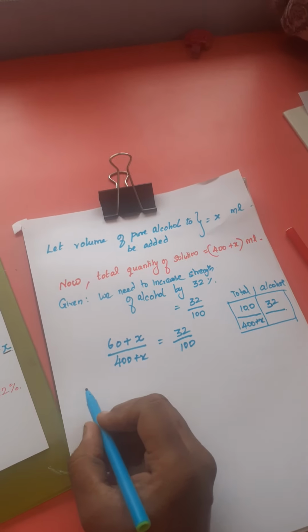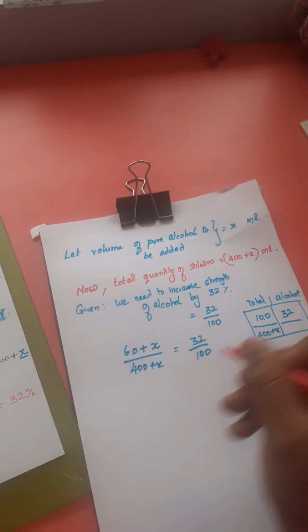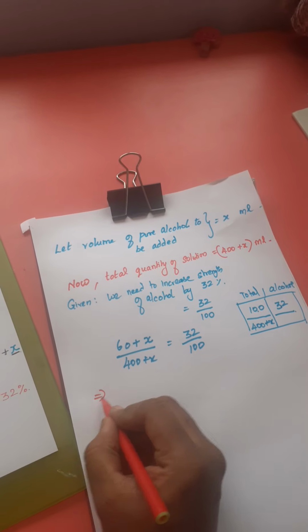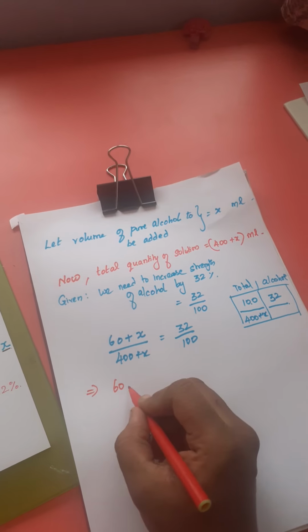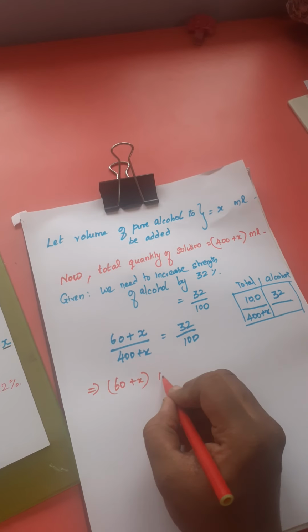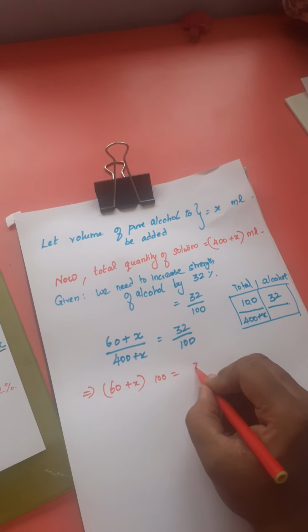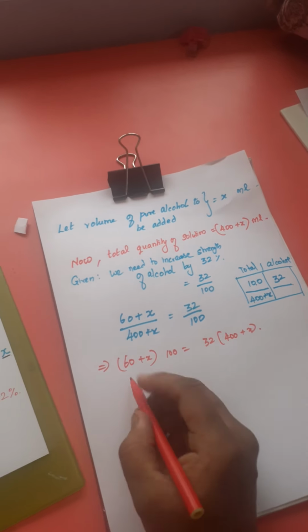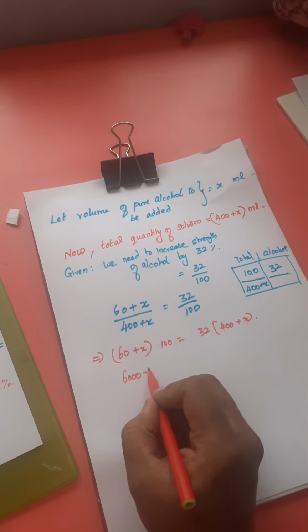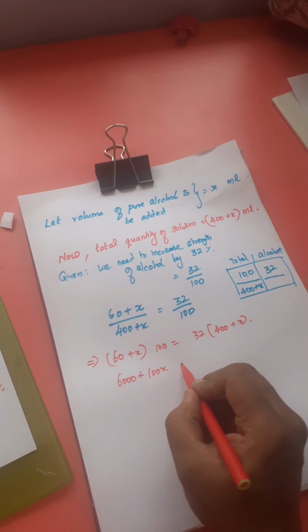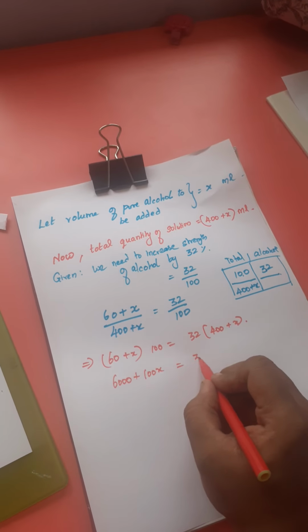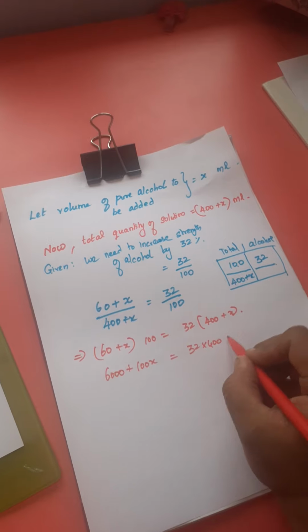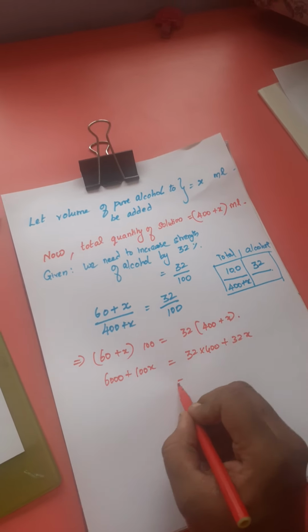Let us cross multiply. Multiply by 100, and the other side is 32 times 400 plus x. So 6000 plus 100x equals 32 into 400 plus 32x. What is 32 into 400?